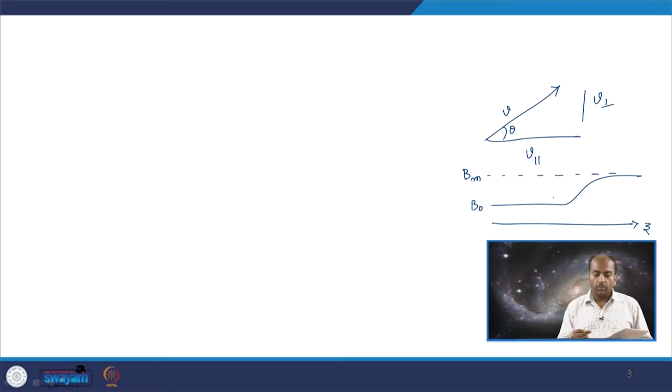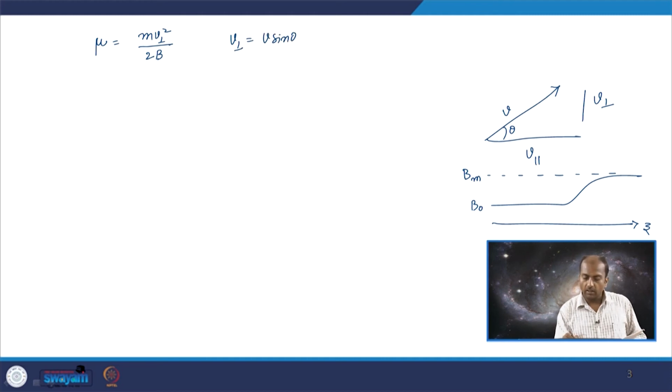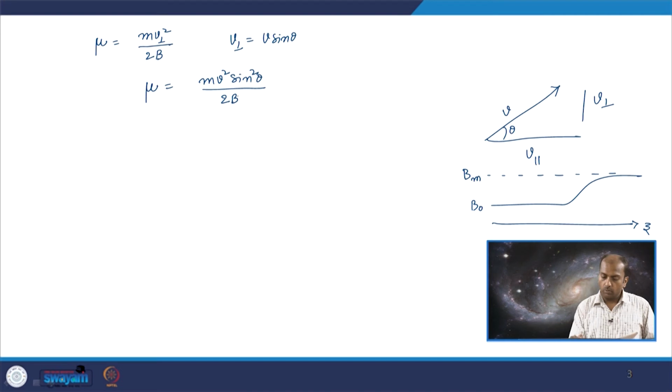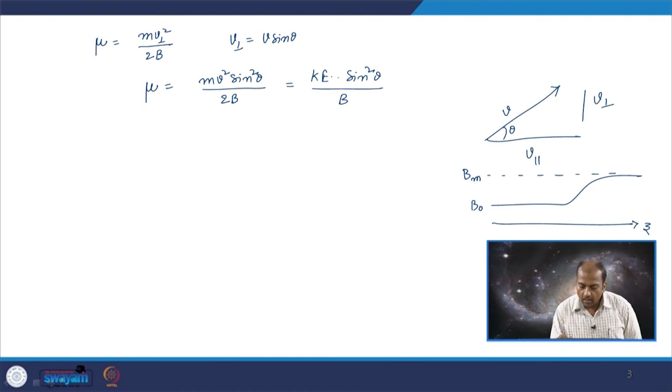Right. Now let us define the magnetic moment like always as mu = m v perpendicular square by 2B. According to this picture, v perpendicular is simply v sin theta. So we will write the magnetic moment as m v square sin square theta divided by 2B, or we will say that it is KE times sin square theta by B. Now here this KE is not the perpendicular kinetic energy, this KE is the total kinetic energy, right.